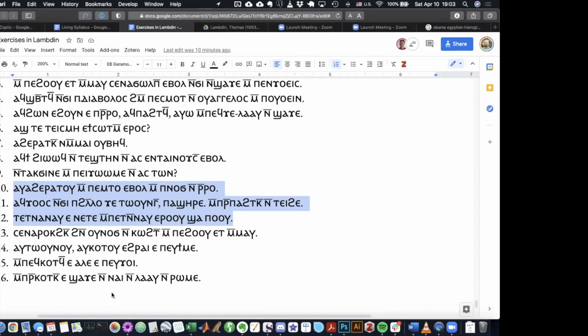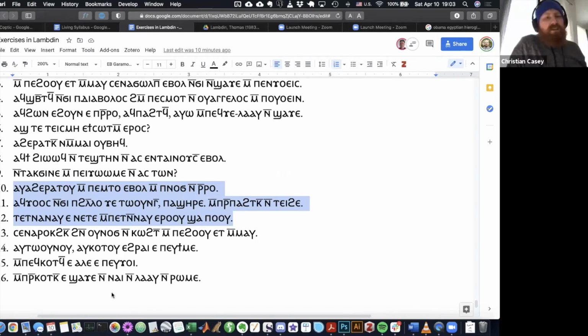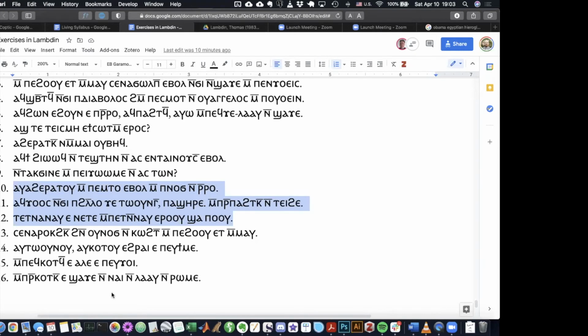Amazing. Aurato in Pemto evol impinoque enero. They stood before the great king. Yeah. And Pemto Evol. So in the presence of, in the impto. Yeah, before, in the impto.